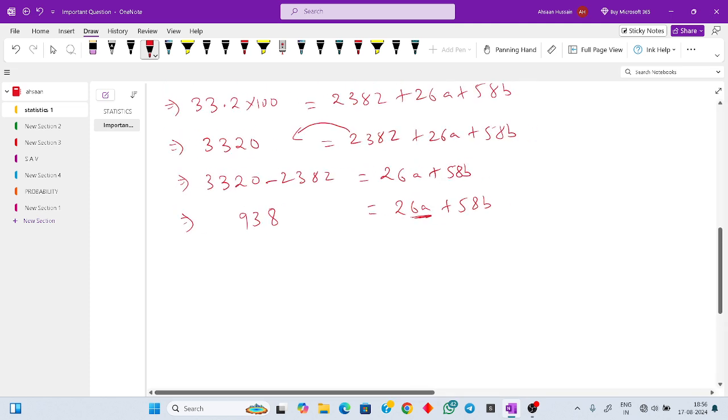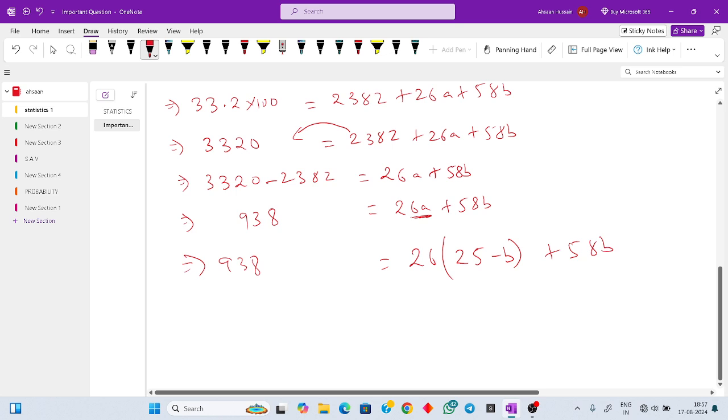So it will be something like this. 938 equals to 26 multiplied 25 minus b. Okay. This is called substitution. 938. So 26 times 25 is 650 and 26 times b is 26b plus 58b.